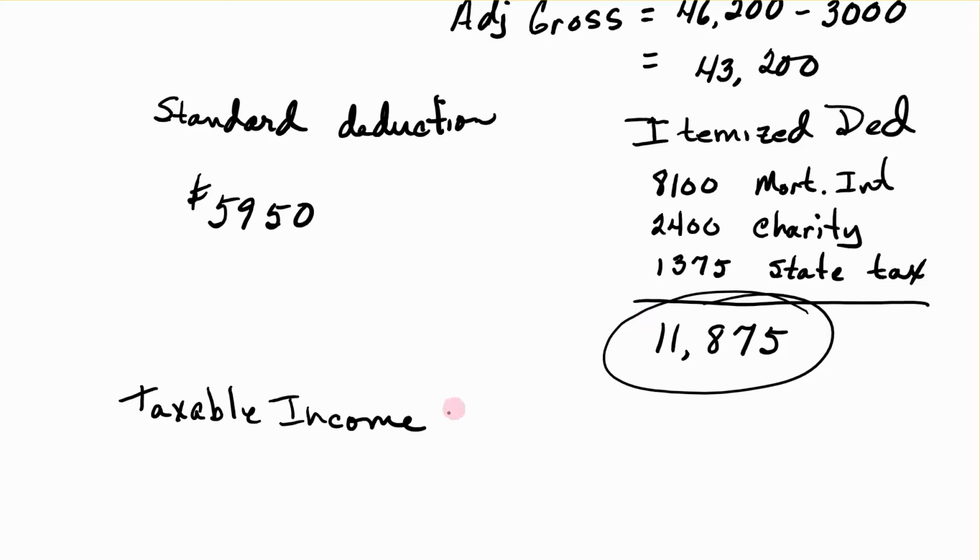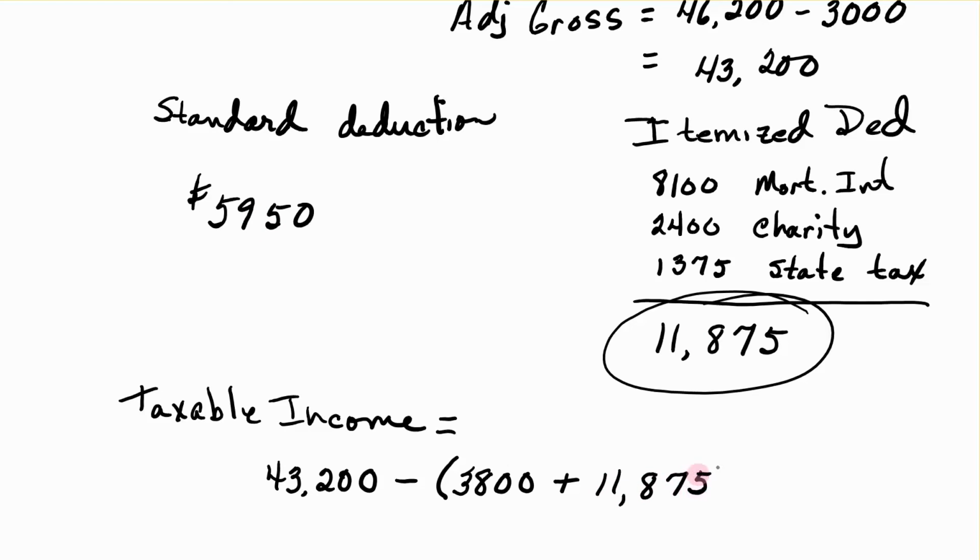All right, how do we figure out taxable income? Well, it is your adjusted gross income, which is $43,200, and you subtract your exemptions. She had an exemption of $3,800 plus deductions, and you get to choose which one. I choose $11,875.